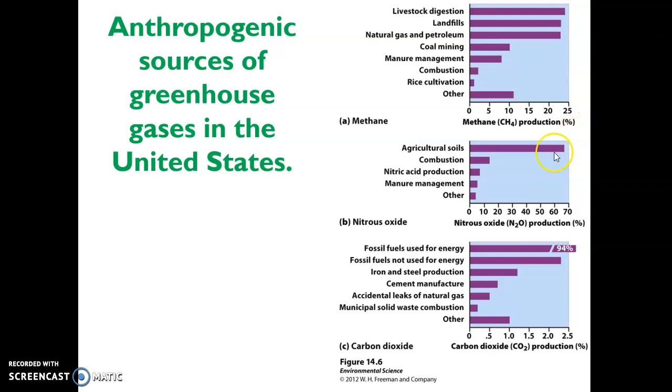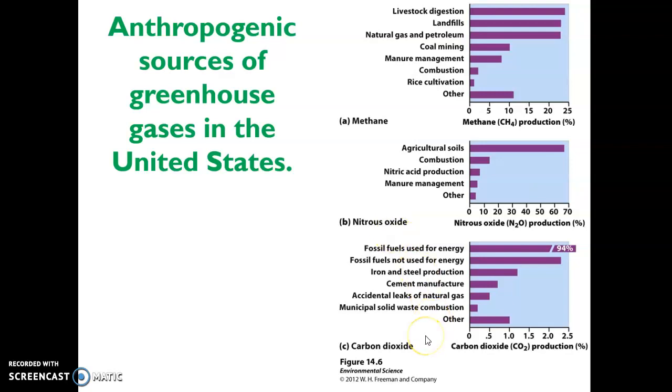And so that nitrogen fertilizer that's applied eventually becomes nitrous oxide. And then again, there are small other contributors such as combustion, nitric acid production, manure management, and other. But mainly we would want to focus on the amount of fertilizer being applied to agricultural soils to reduce the amount of nitrous oxide that is going into the atmosphere.